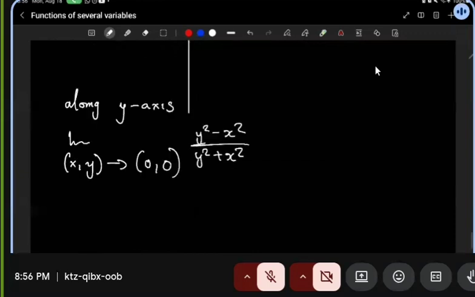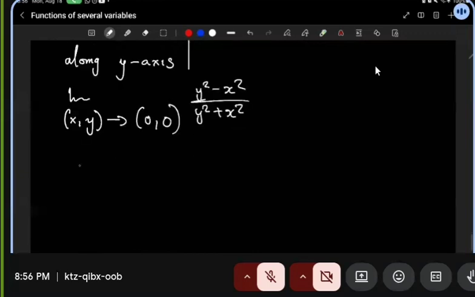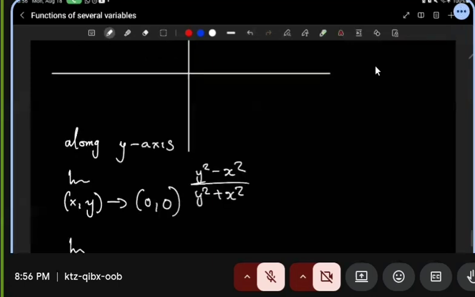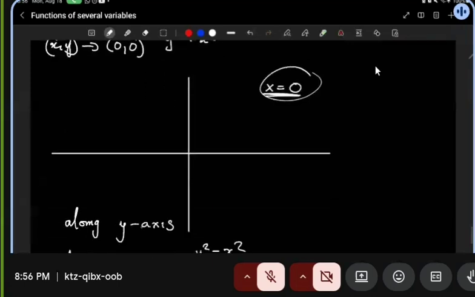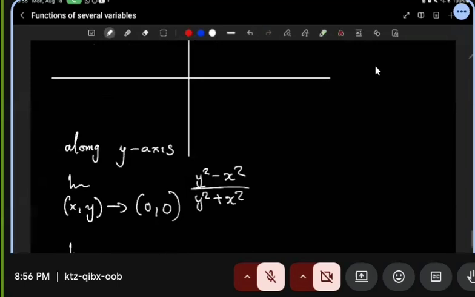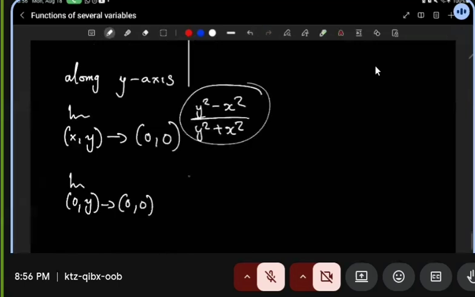So that is the line x is equal to 0, implying that where there's x, I'll put 0 already. So now this is 0, 0. Remember, it's along x is equal to 0, which is along the y-axis. So where there's x here, I'll put 0. So this is y squared minus 0 over y squared plus 0.